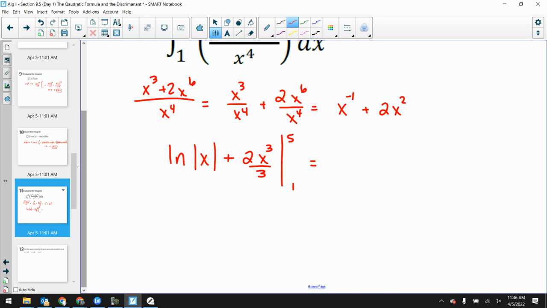I got to take ln of 5 plus 2 times 5 to the 3rd over 3, minus the big chunk of ln of 1 plus 2 times 1 to the 3rd over 3.